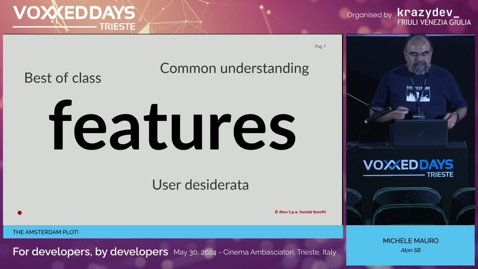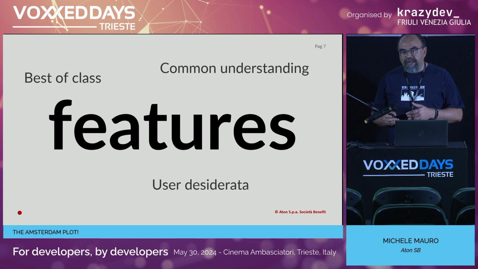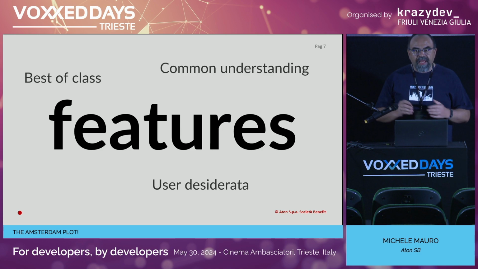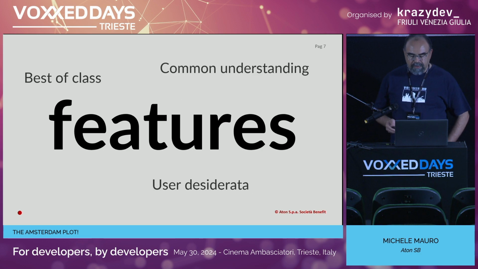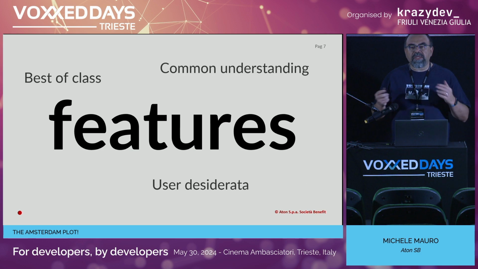Or maybe you are having a chat with your users and get back to the office with a list of desiderata, hopefully a sensible list of desiderata, and a reasonable time frame. So sometimes, however, you get to build something completely new, and you have to decide what goes in and what doesn't.